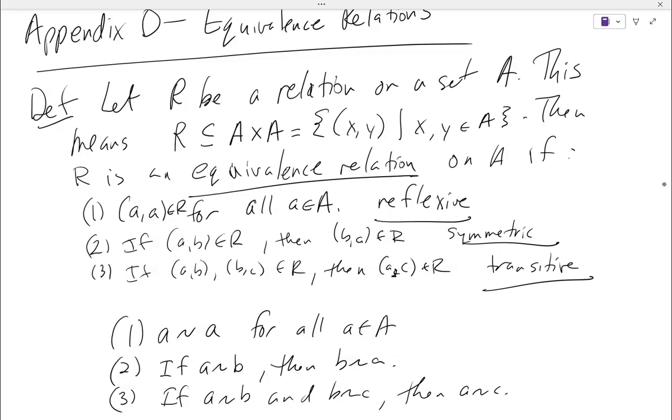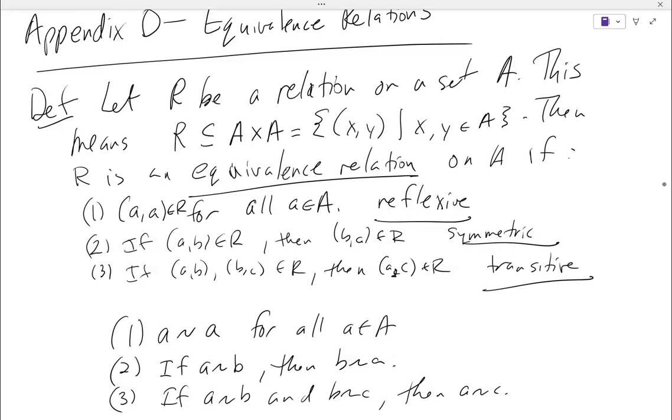Now, if there's any question about what the relation is, sometimes they'll put a little subscript of an R on the tildes. Or if you're doing a problem where you've got two different relations and you're asked, is this one an equivalence relation? Is this one? Then they might put the little subscripts on there.